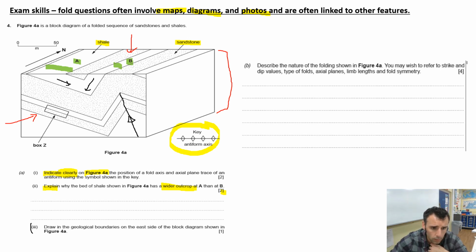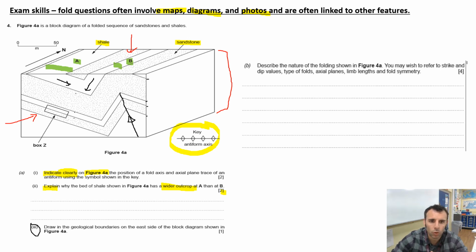Part 3, which is here, is draw in the geological boundaries. That's bedding planes. So these ones here, here, here, and here are going to be key. Now remember that no matter which orientation we go in, these are parallel.